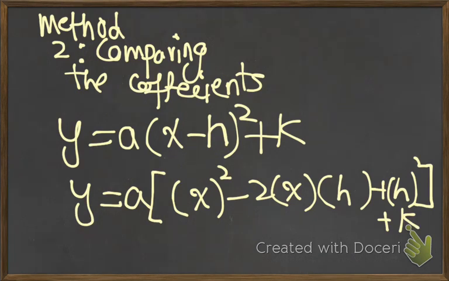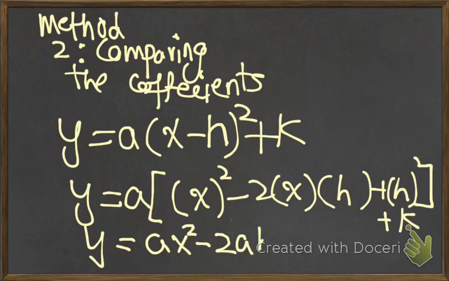So what happens next if you just expand it? It goes like this: y is equal to ax squared minus 2ahx, plus ah squared plus k. So if you expand a completing square form, you will get a generalized form of the quadratic equation in terms of a, h and k, which is y is equal to ax squared minus 2ahx plus ah squared plus k.